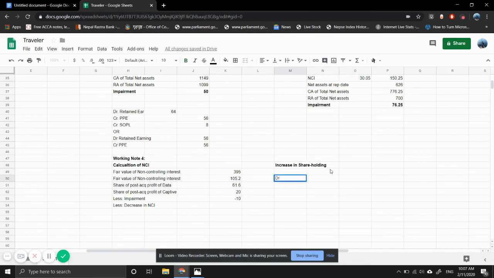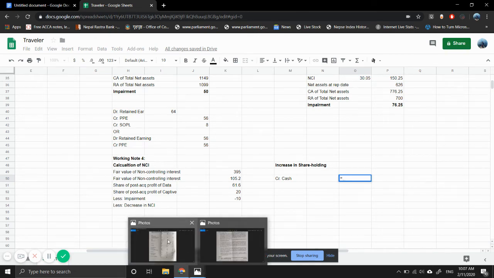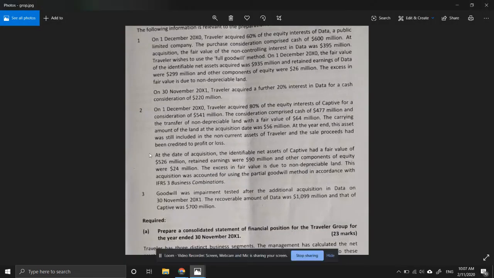So debit, credit cash. How much did we give them? How much did we pay? 220 for the extra shareholding. 220, right?